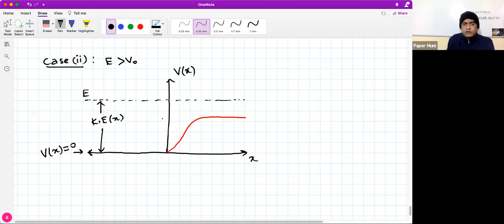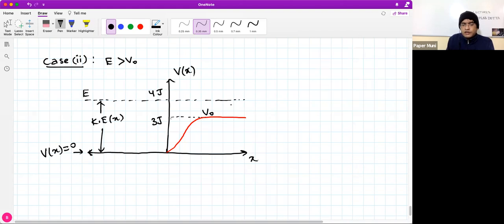Now what happens here? This is say 3 joule as per our example. The energy is given to be 4 joule. The total energy is 4 joule, and this is V naught.